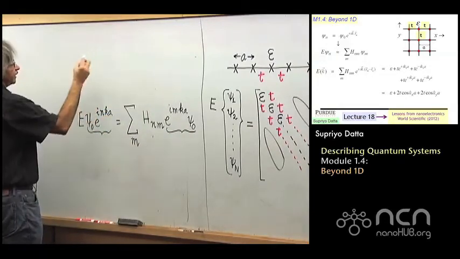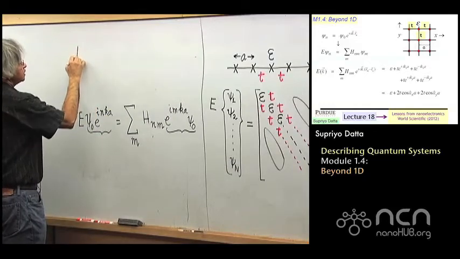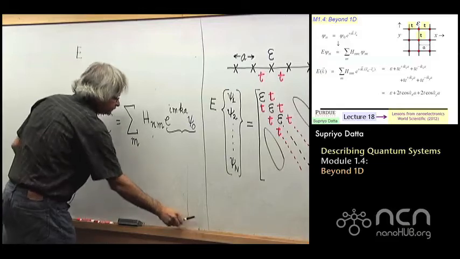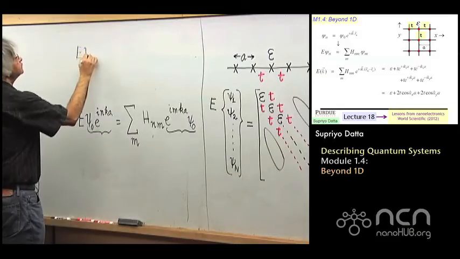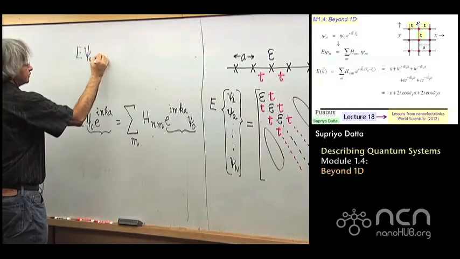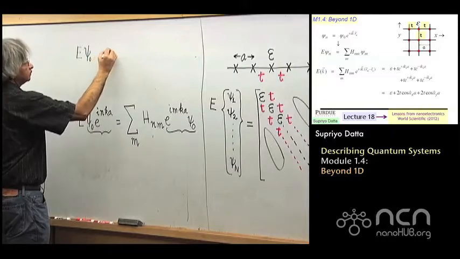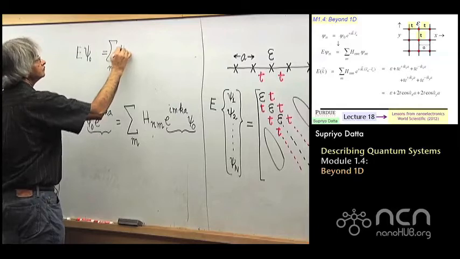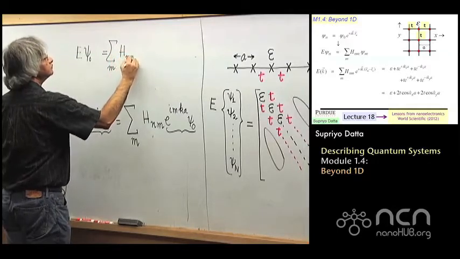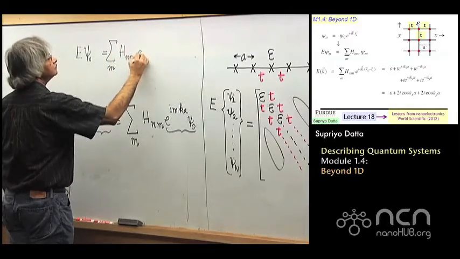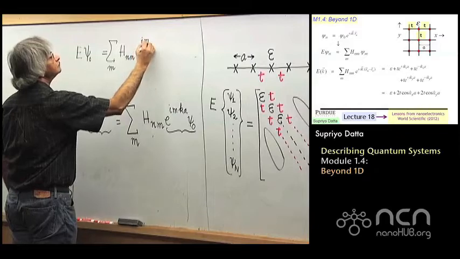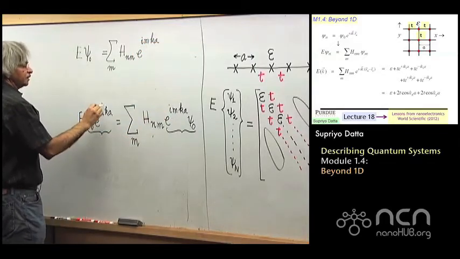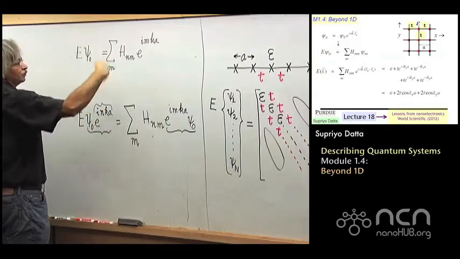Now, you could write this in the form E psi 0 is equal to, and this exponential I can take over to the other side.